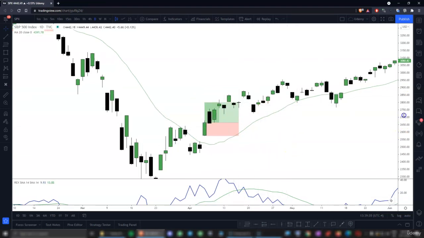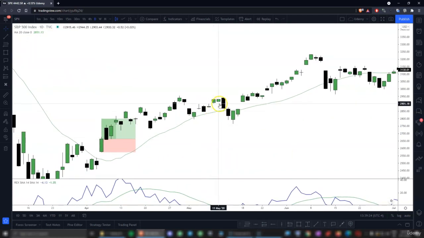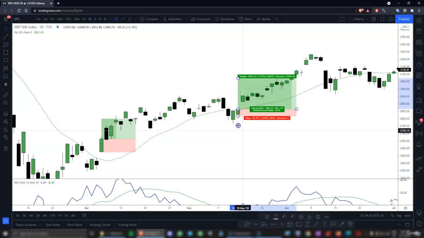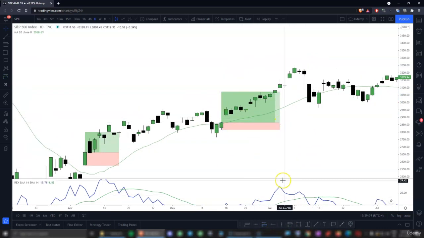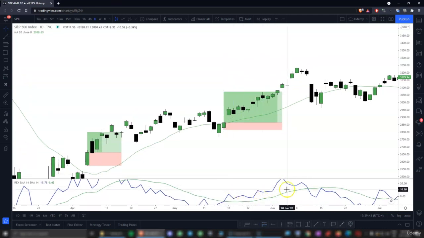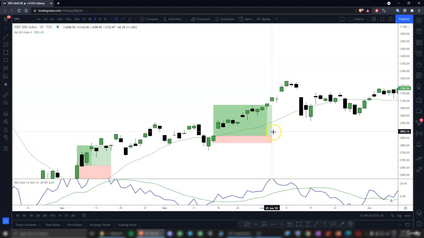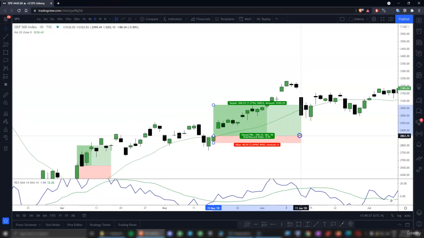This is the trade. Market closes below and it comes up. And the Rex starts from here, and you see it here. It will cross below. So in here we get to this day.